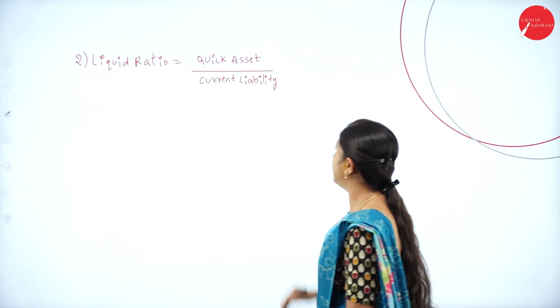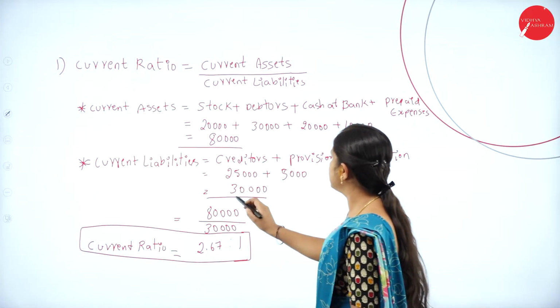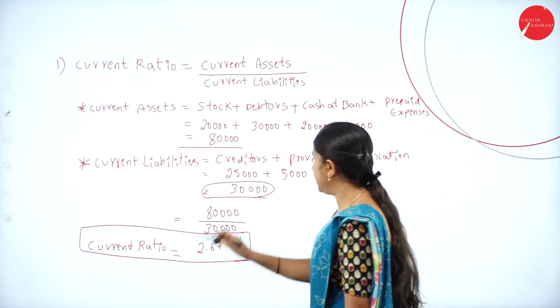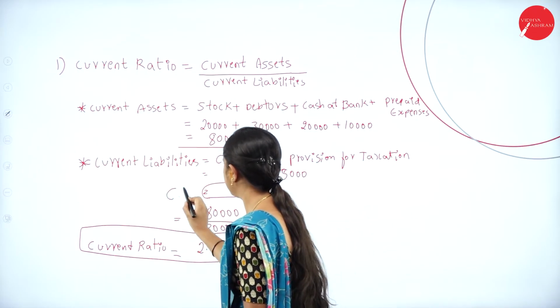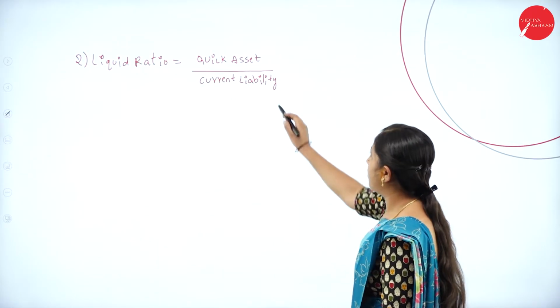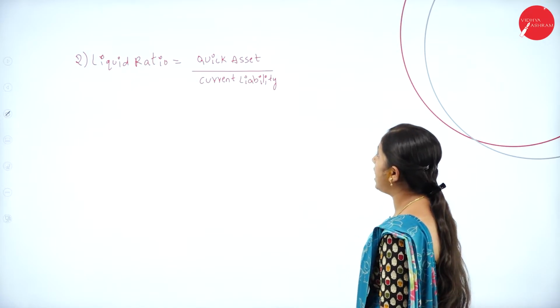We have current liability. Current liability is 30,000. So we have current liability, but we don't have quick assets.